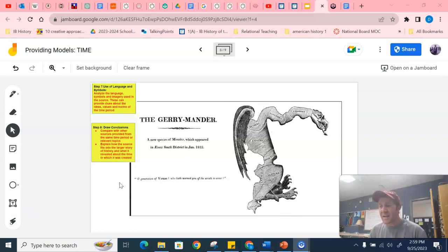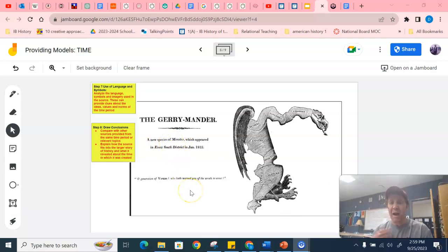And to support this, I can point to several pieces of evidence within the source. Number one, I can point to the perspective of the author, that this is an inherently negative view of the way that Massachusetts went about drawing the district lines. I can say this because in the caption it calls this districting plan a monster.